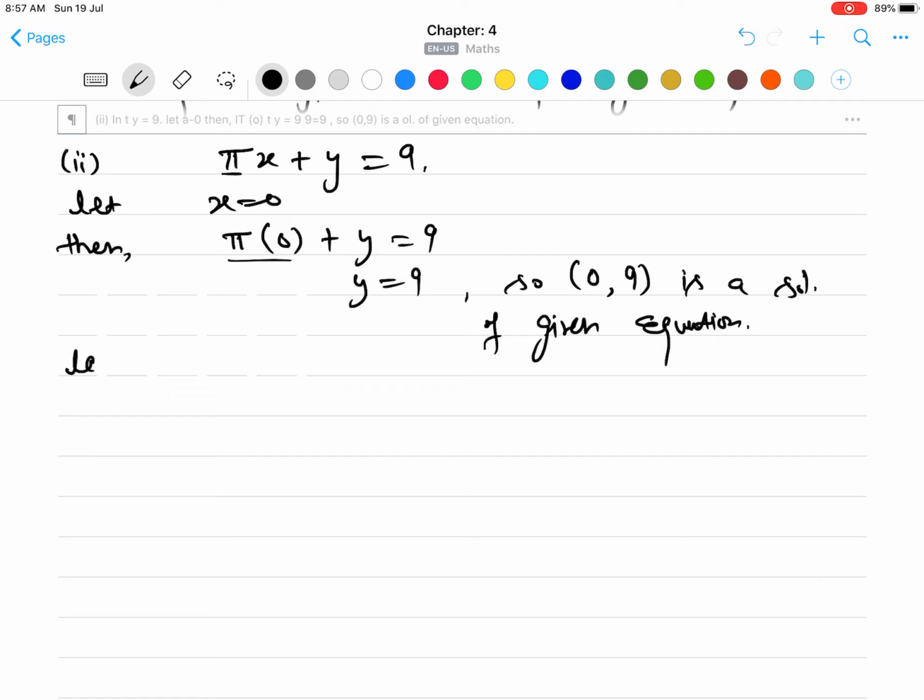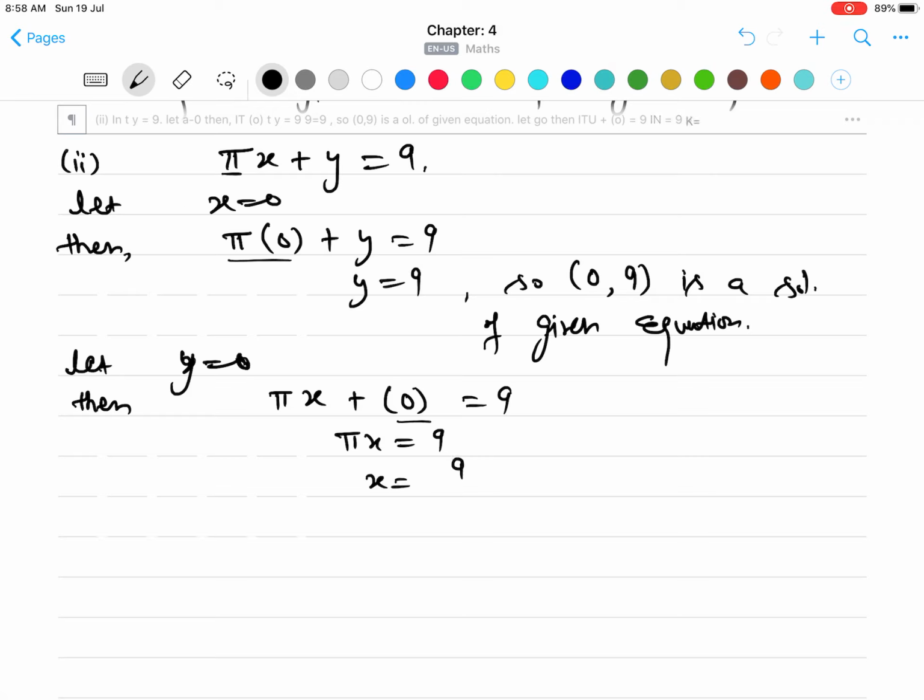Now let's take this time y equal to 0. Then our equation will become pi x plus y, in place of y we'll write 0, equals 9. So this will be eliminated, so we'll remain with pi x equals 9, or x will be 9 divided by pi.